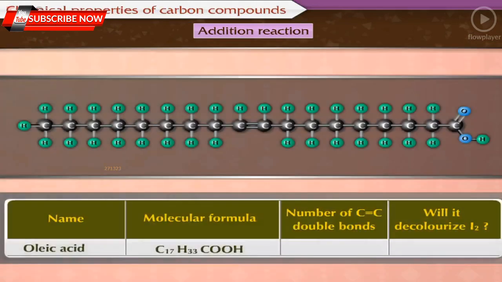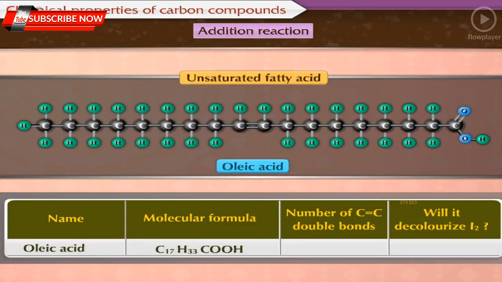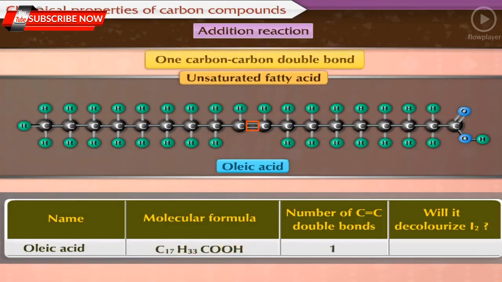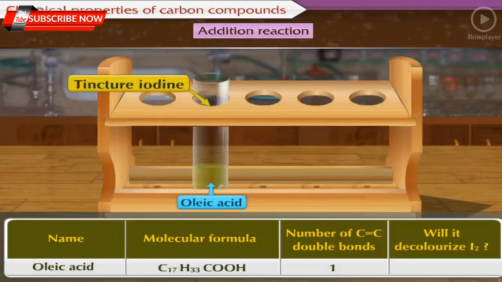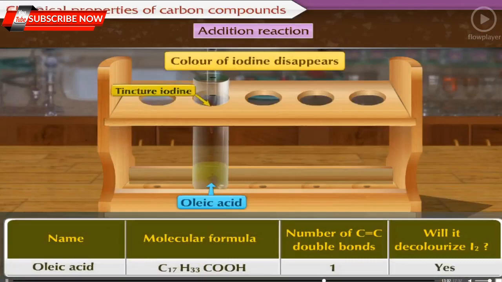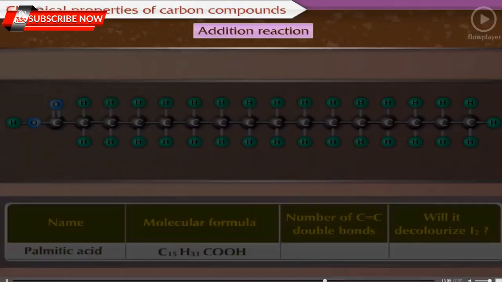The second fatty acid is oleic acid. This is an unsaturated fatty acid with molecular formula C17H33COOH. It contains one carbon-carbon double bond. Therefore, the color of iodine disappears in this fatty acid.